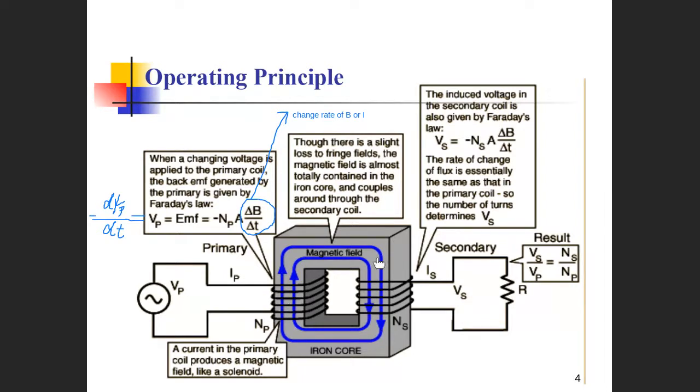So on the secondary, they have the same flux density, the same cross-section area, and the same change rate of the flux density, but the turn number is different. So the total flux linkage to the secondary is different from the total flux linkage to the primary. So the difference comes here.